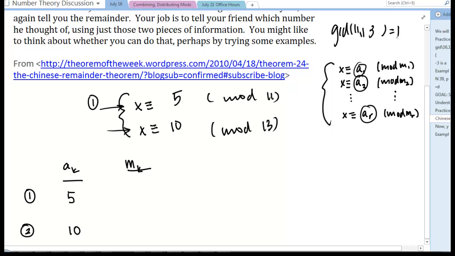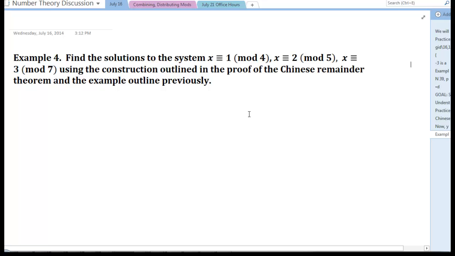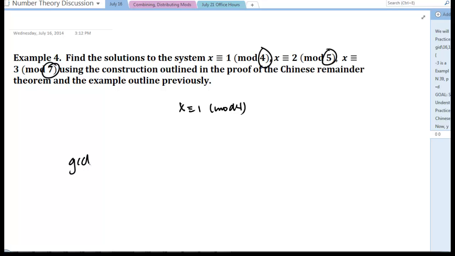But if we had 3 congruences, let me look at an example here, actually. In this problem, I've got x is congruent to 1 mod 4. So I'm dealing with 4, 5, and 7. What I'd have to do is take all possible pairs here and show that they're relatively prime, that they have no common factors.